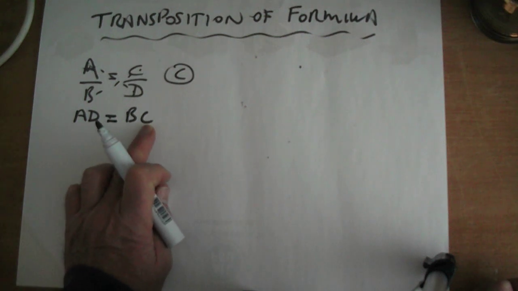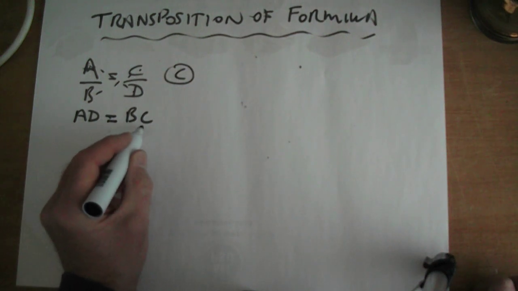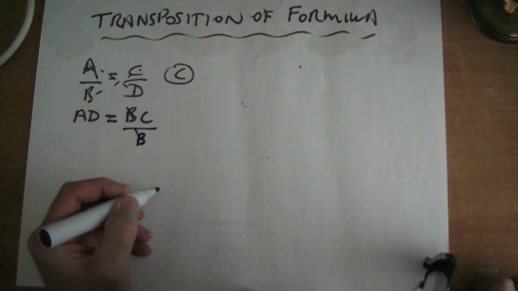And as you can see there, C is here, and I need to get that on its own. So what we do first of all is to get rid of that B. The easiest way to get rid of the B is to divide it by B, and they cancel out.